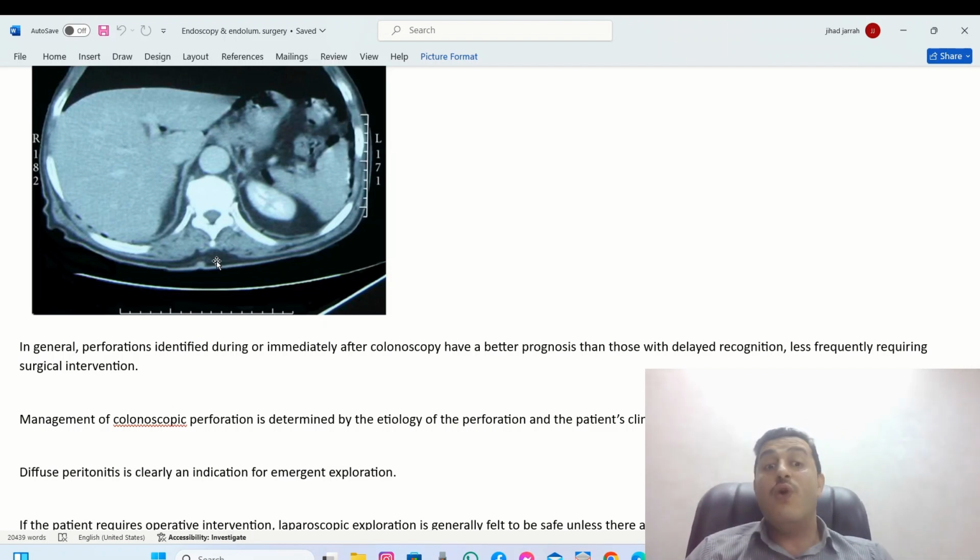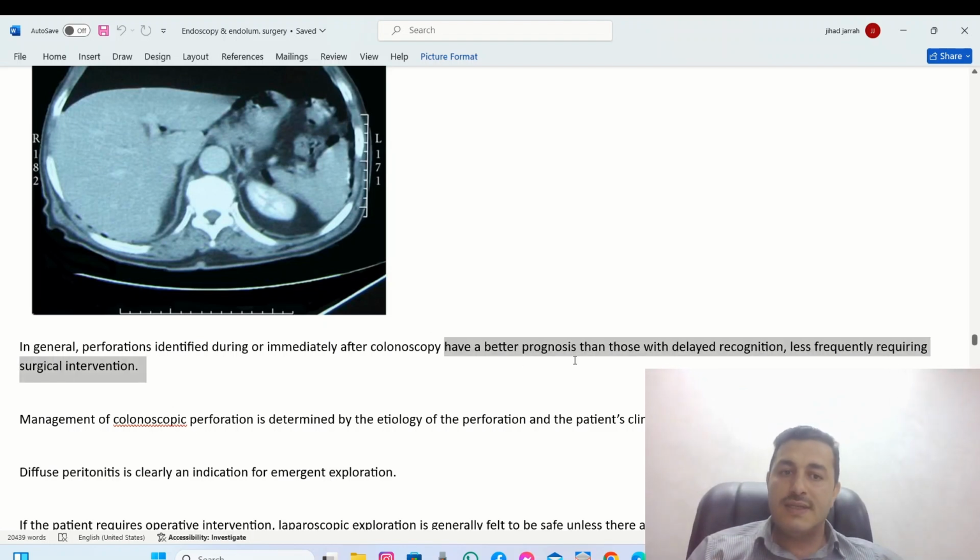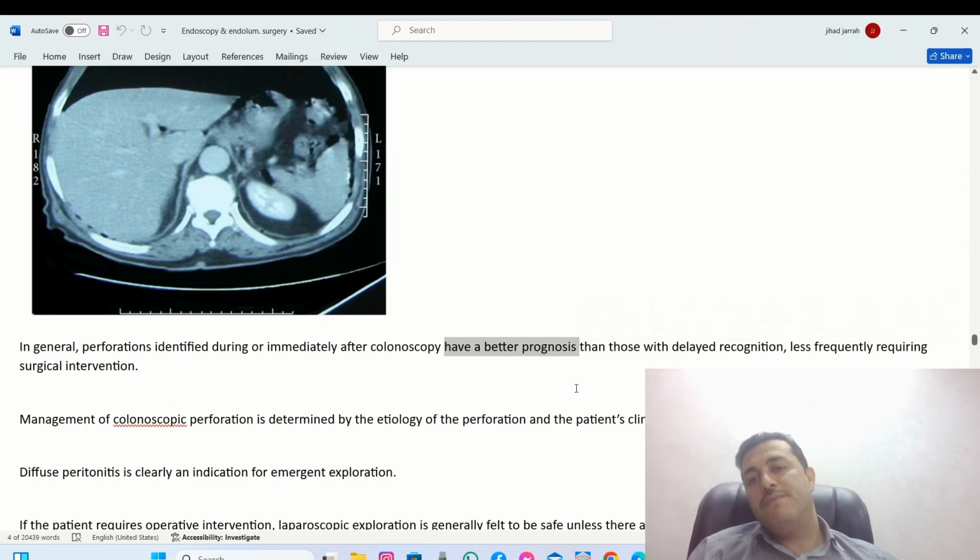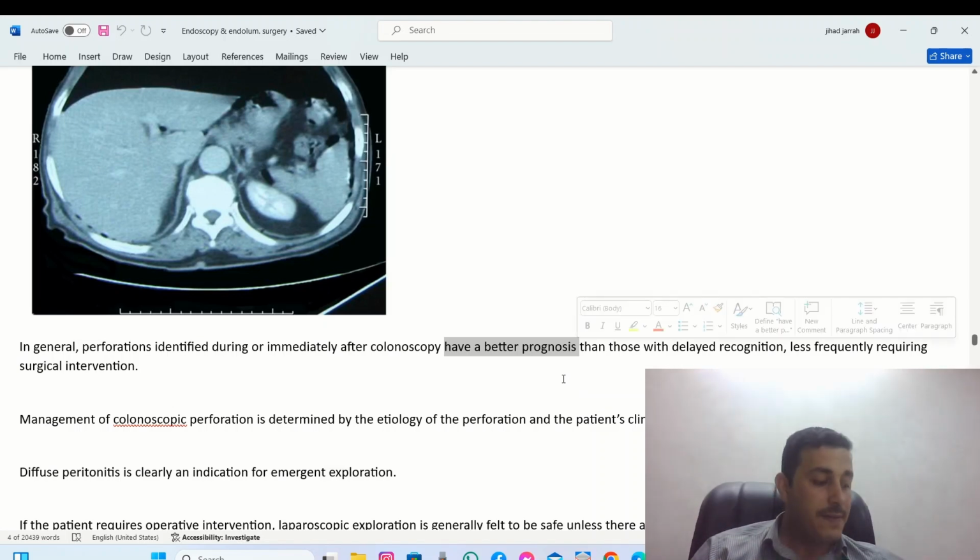Those perforations that are detected early, for example immediately after the colonoscopy, have a better prognosis when compared to perforations that are recognized late. Even perforations detected immediately after colonoscopy can have successful non-operative management.